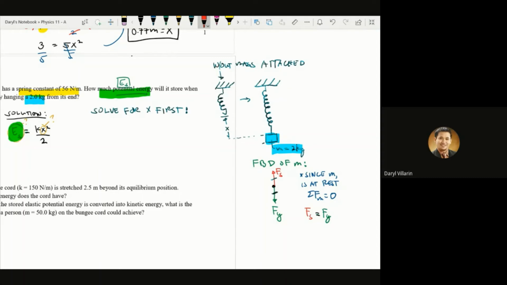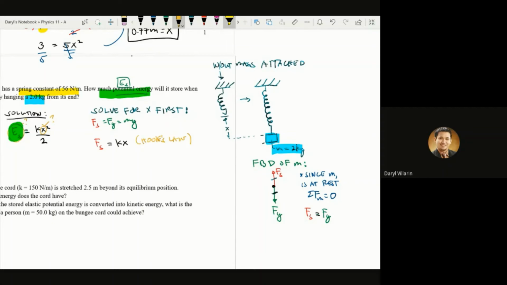Therefore, Fs is just equivalent to Fg, which is mg, mass times acceleration due to gravity. Knowing that, we can use Hooke's law. Remember, Hooke's law is Fs equals kx.